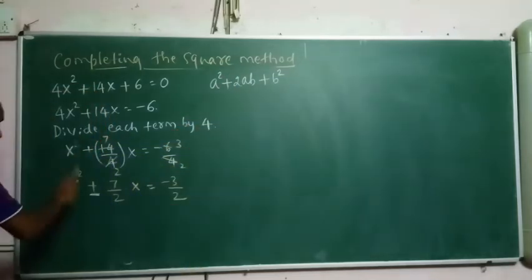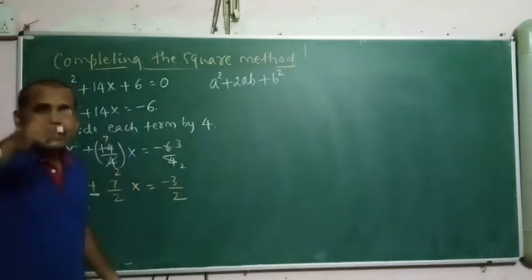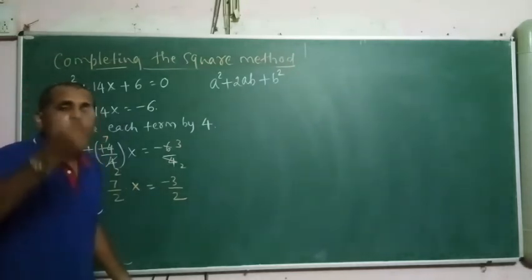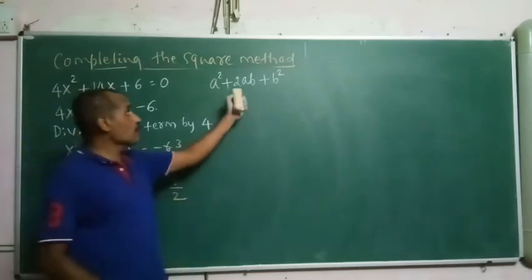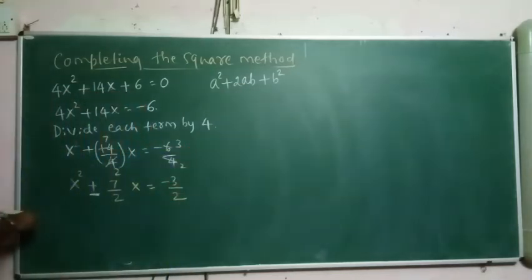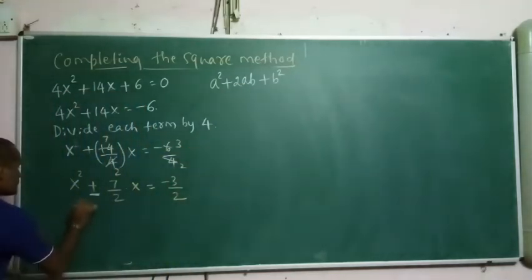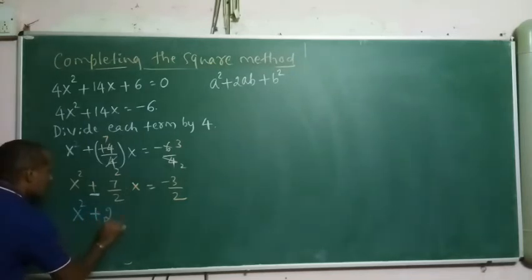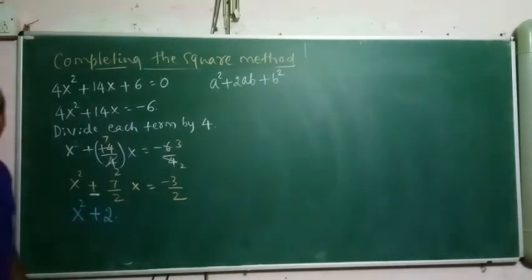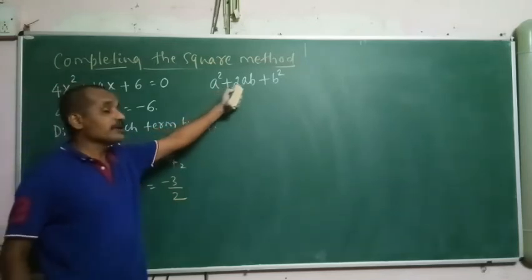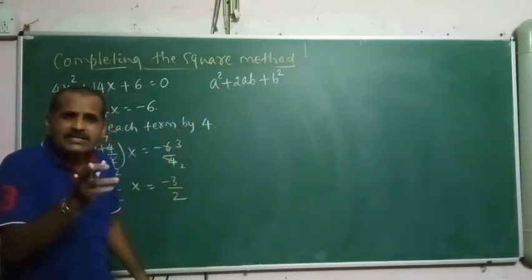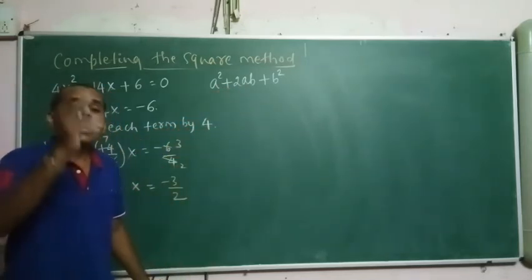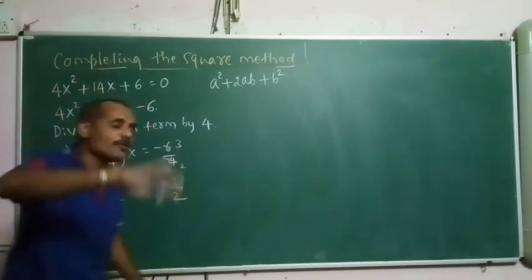Okay, now what is the method? 1 2 extra to the numerator, 1 2 extra to the denominator, because I wanted 2 here. I can write it as x square plus, I have taken 1 2 extra because I want to compensate that here. I will take 1 2 extra in the denominator also.